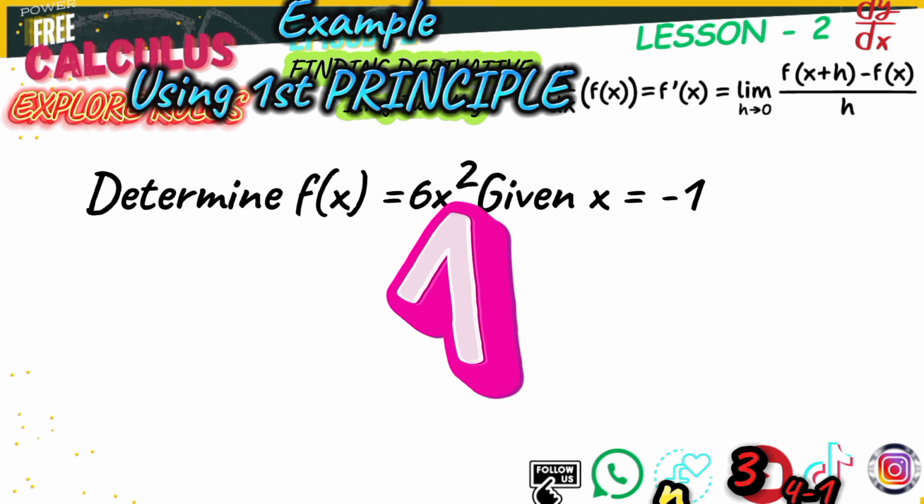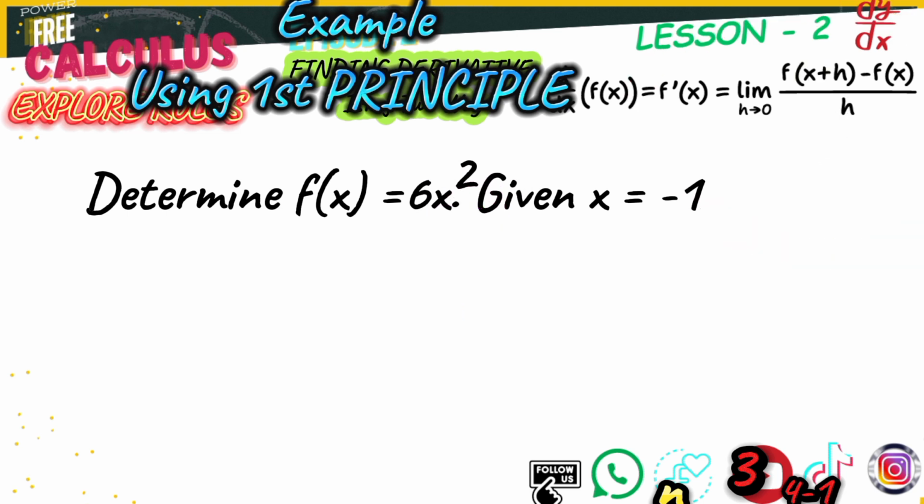So the first thing is to write down the formula, determine f of x plus h, and determine f of x, so that you can come back and substitute them in this formula. So let's determine f of x and f of x plus h to find the gradient at a curve, given that x is equal to -1.